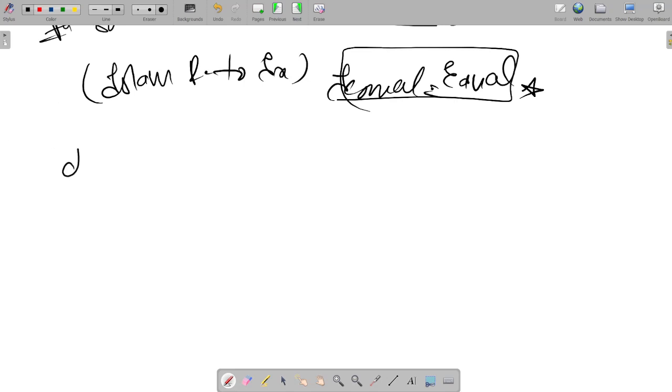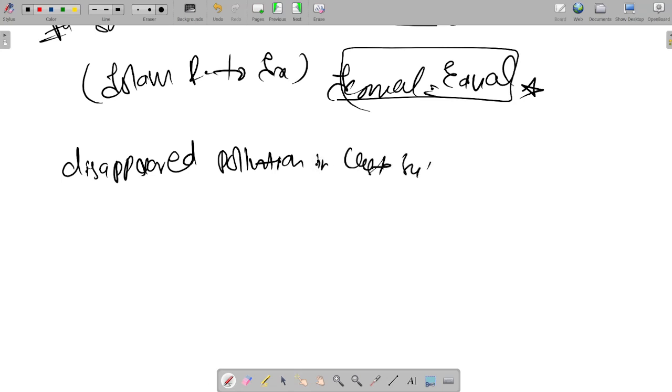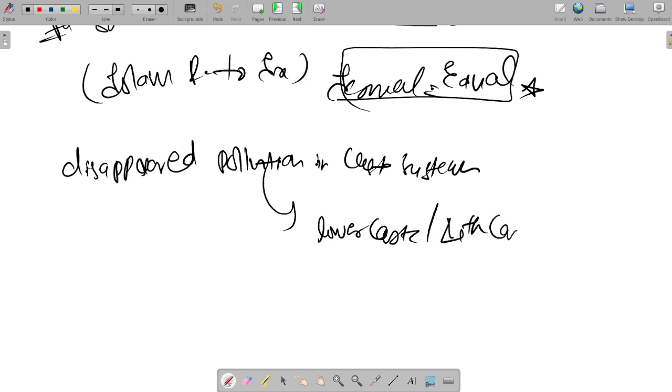Al-Biruni also disapproved pollution in caste system. The meaning of pollution here is the lower caste or the fourth caste in Varna system, that is Shudras.